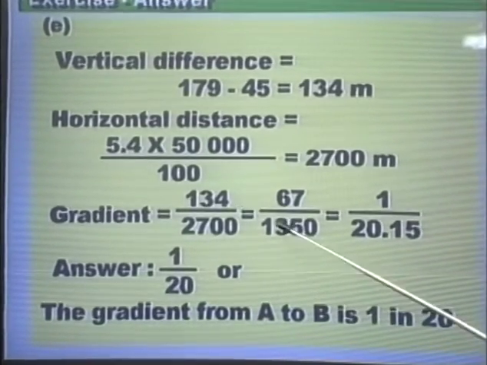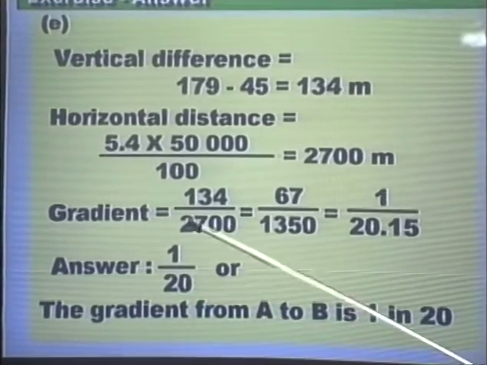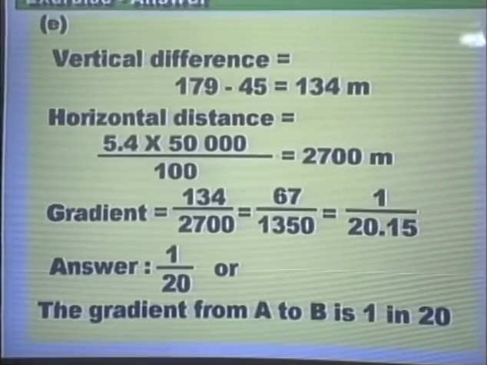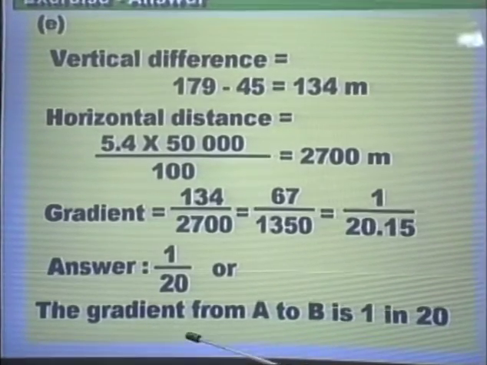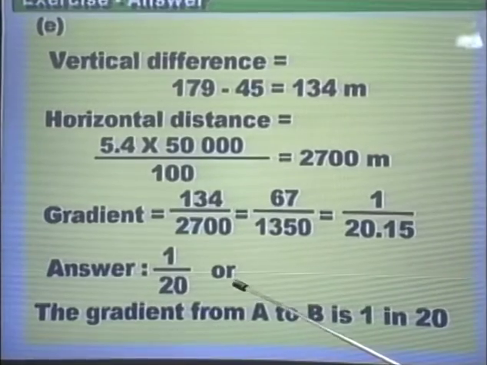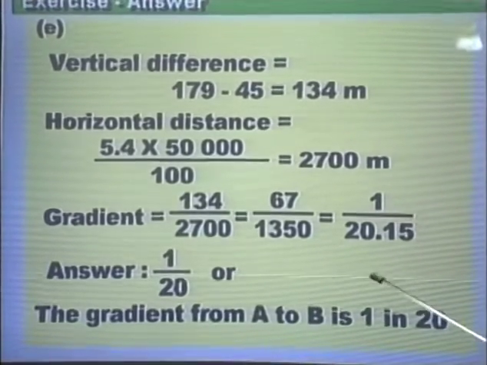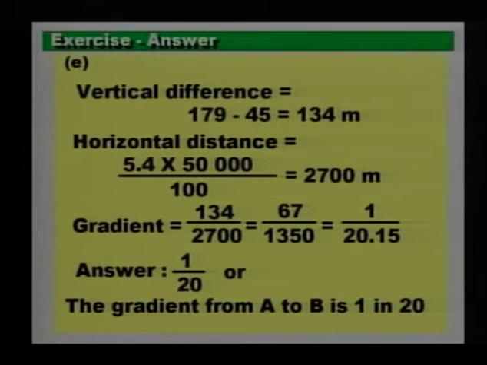So that answer will be the gradient. That particular contour map would have a gradient of 1/20 or 1:20, which means for every 1 meter we rise, we go 20 meters across, or for every 20 meters we go across, there is a rise of 1 meter. Okay, you do your corrections.